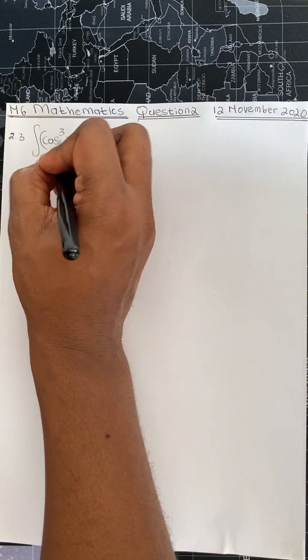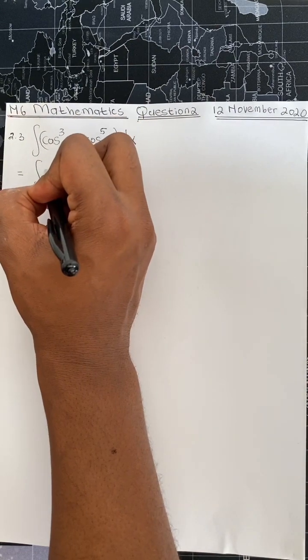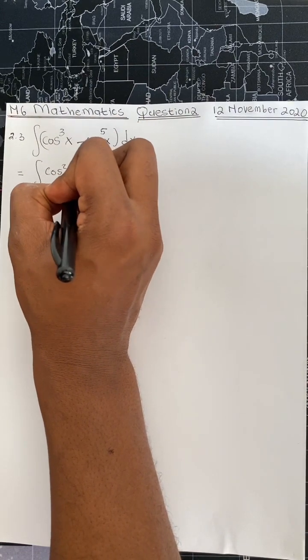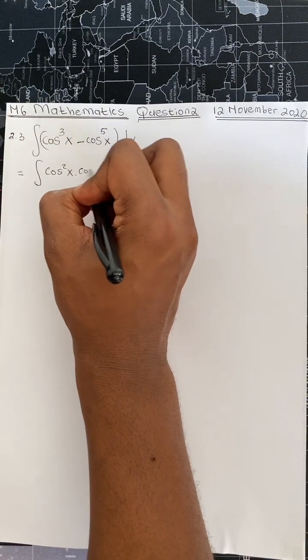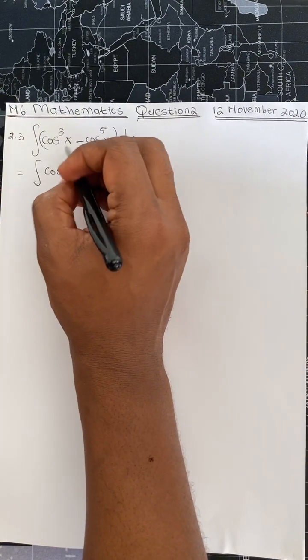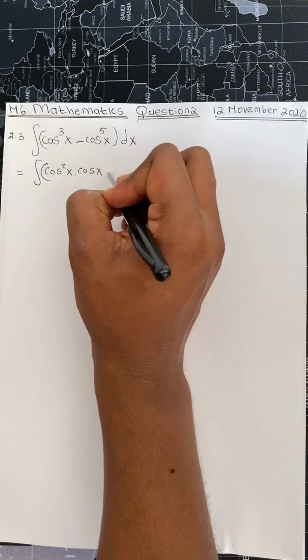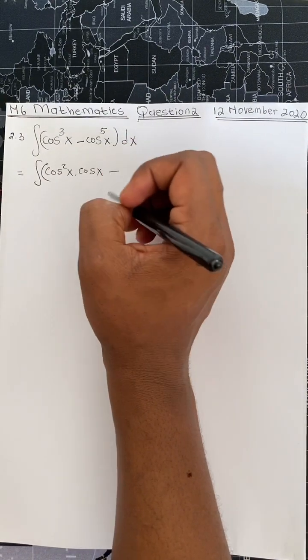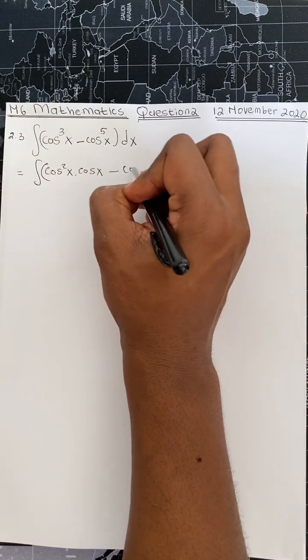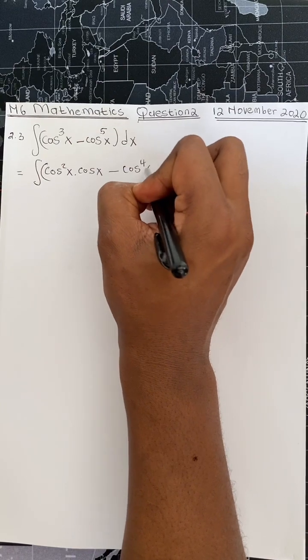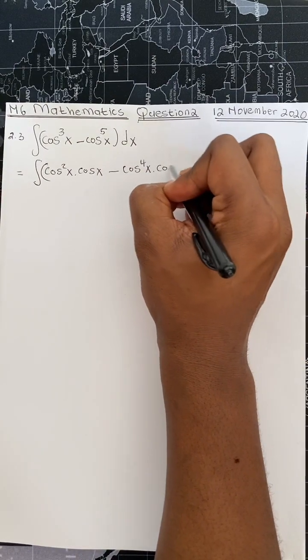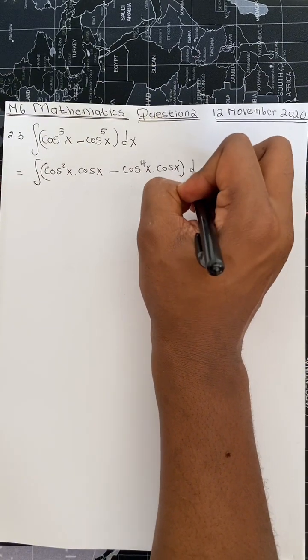So step 1, we break them down. So we break this as cos squared x multiplied by cos x, which we know is equal to cos cube x, minus, we break down that cos to the power 5x as cos to the power 4x multiplied by cos x dx.